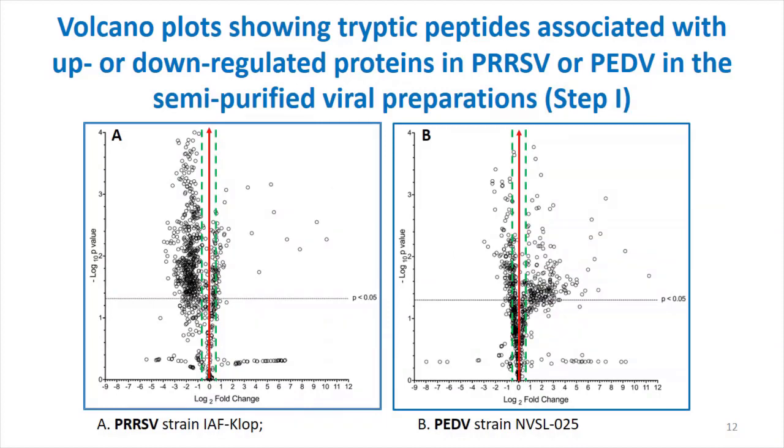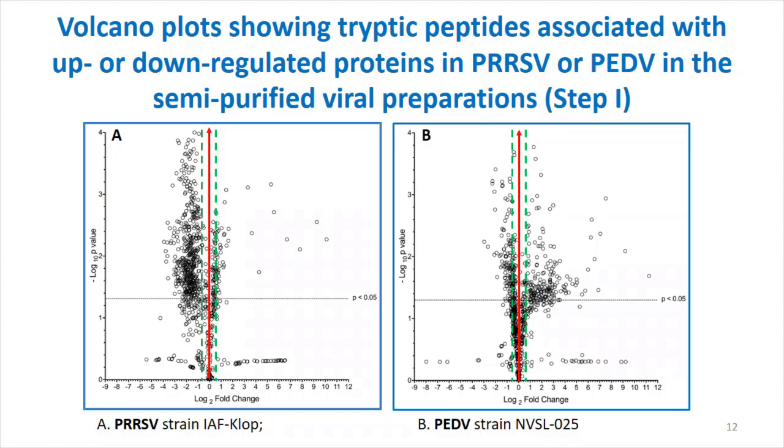So this is how it usually looks. You do proteomic digestion, and when you analyze the peptides, you can see here for PRRS and PEDV that, despite being similar viruses morphologically and in genetic structure, they behave differently in the same host. Basically, this is MARC cells, and this is Vero cells. Both are green monkey cells.